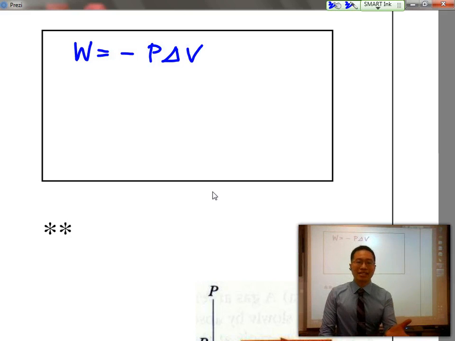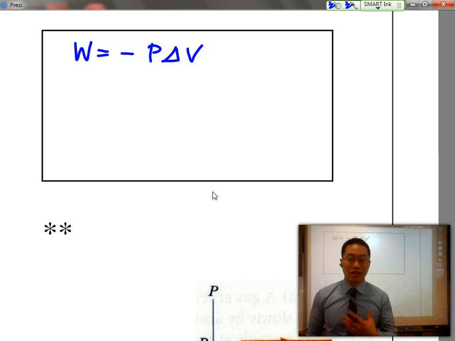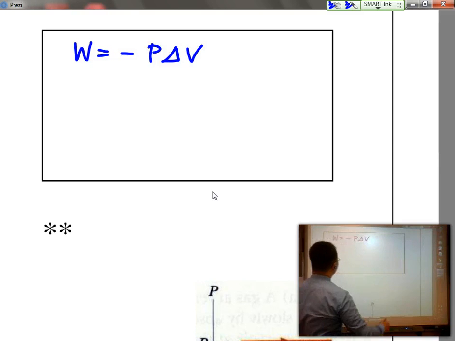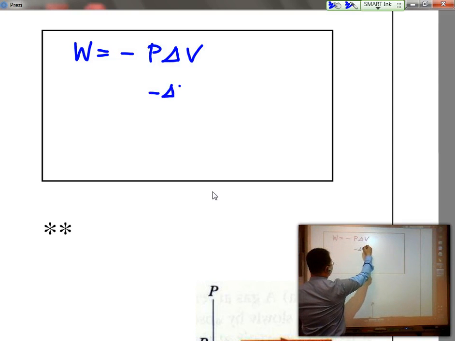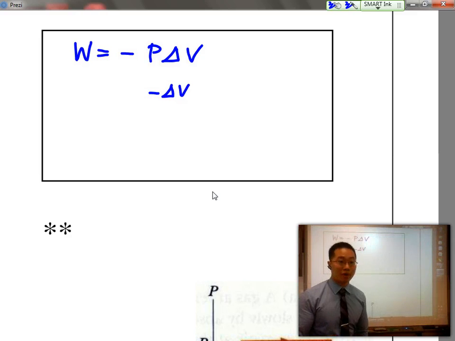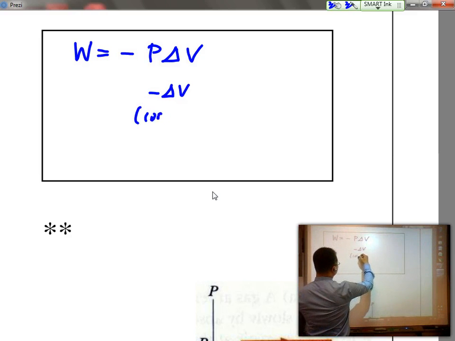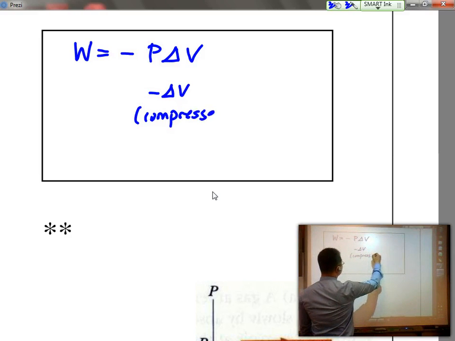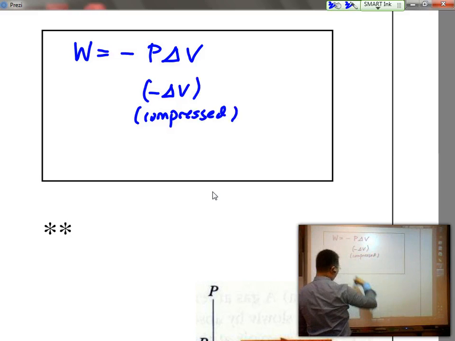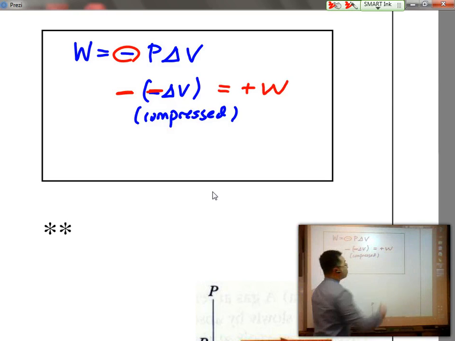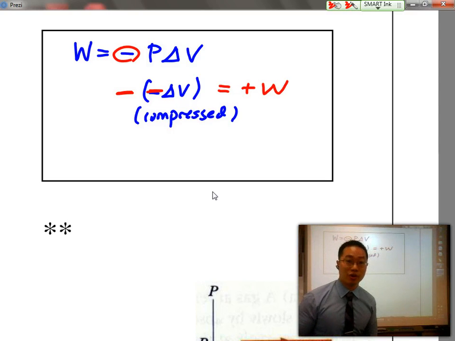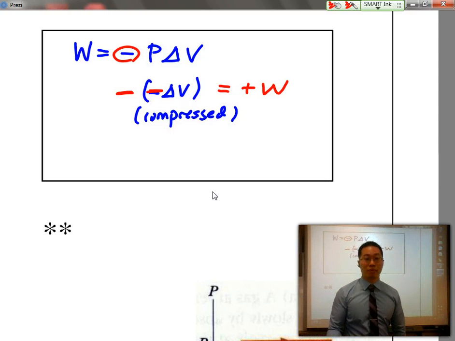Okay? But what is that negative sign there for? Well, it's really a reminder to help you calculate that when you have a negative delta V, meaning that the volume is being compressed, and you take that negative from the front times the negative, you end up with positive work, because you always have positive work whenever the gas is being compressed.